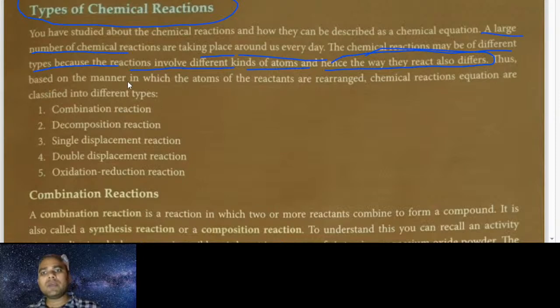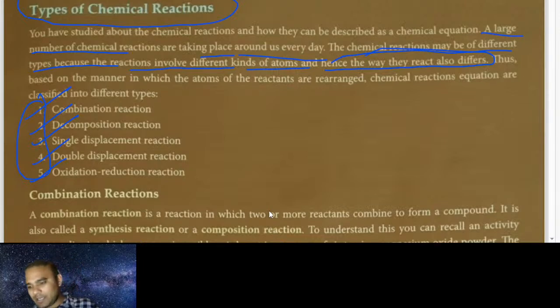Thus, based on the manner in which the atoms react, chemical reactions can be of the following 5 types: combination, decomposition, single displacement, double displacement, and oxidation reduction reaction.